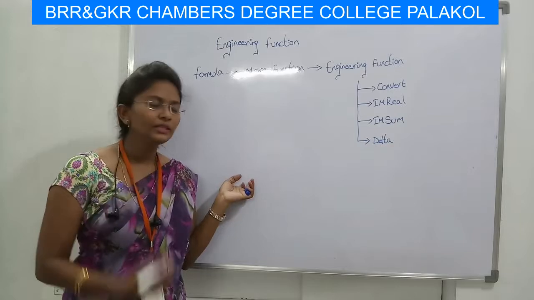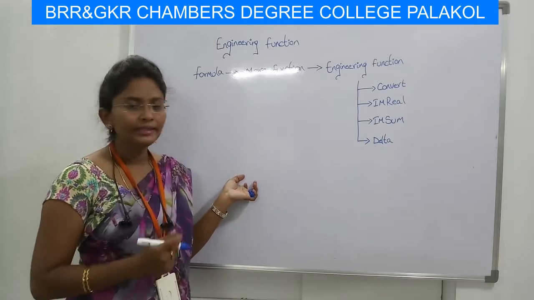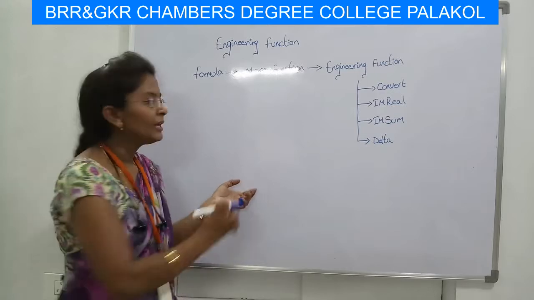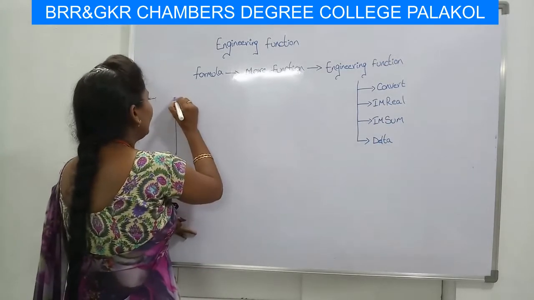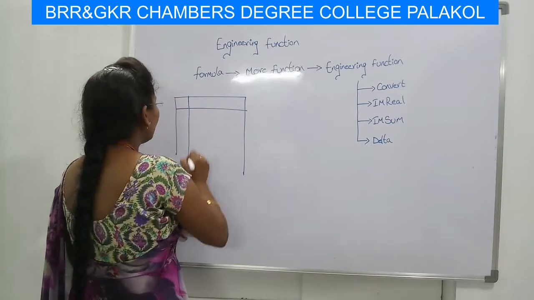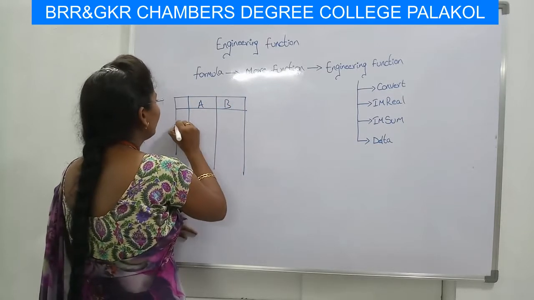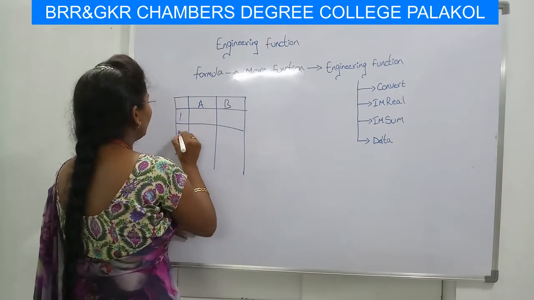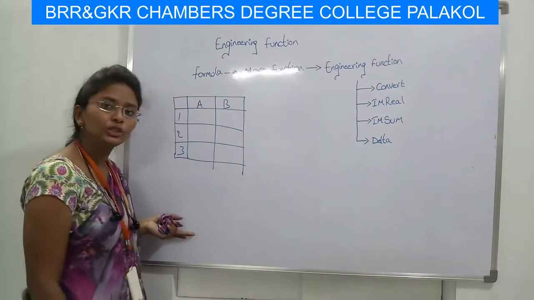It returns the real coefficient of the complex numbers we enter in the Excel sheet. Here I am taking a sample Excel sheet, with column A, column B, and row 1, row 2 and row 3.